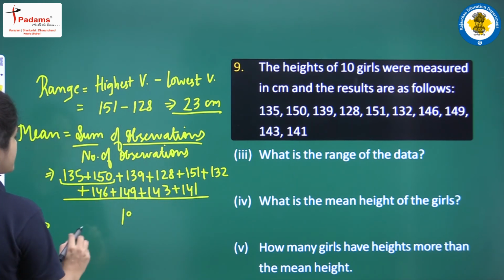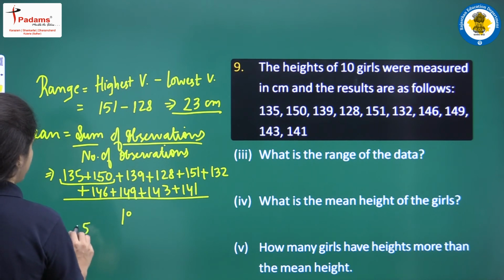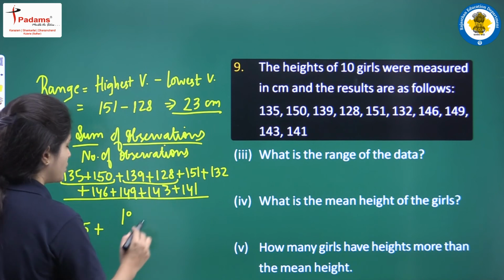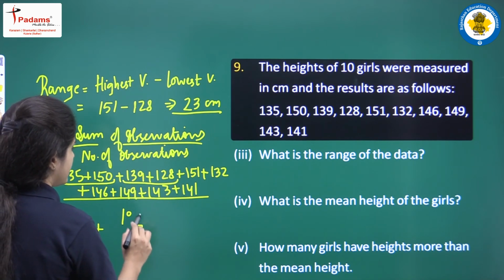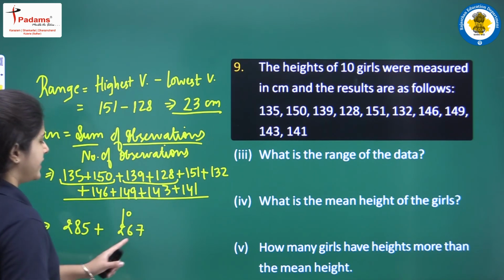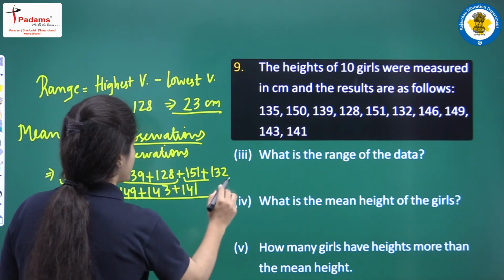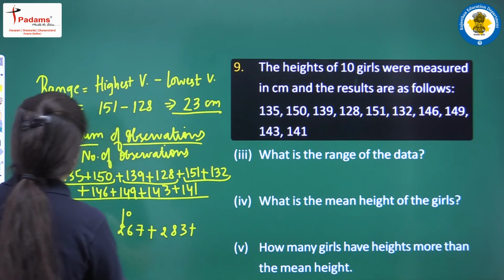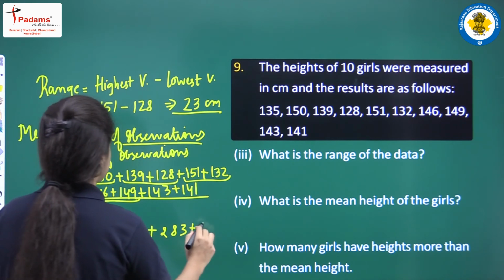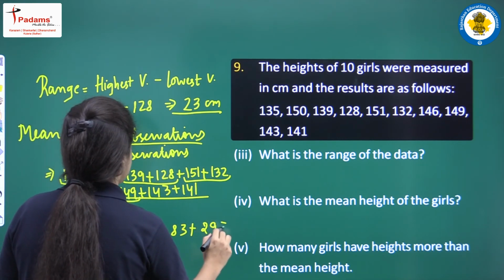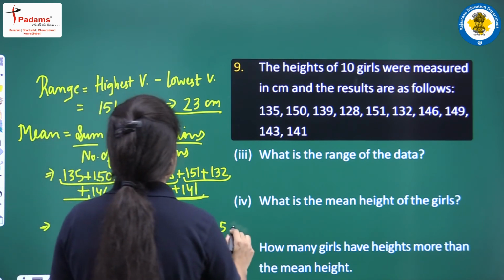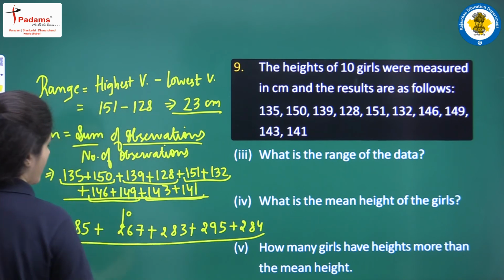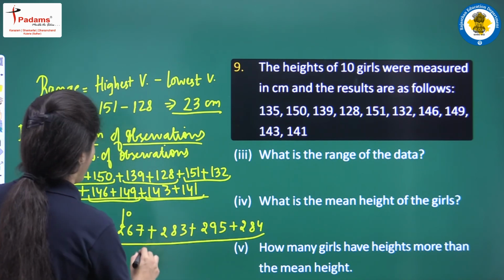Adding firstly these two, students, 285. Adding these two, 267. Adding these two, and adding these two. Now 1, 2, 3, 4, 5 upon 10.